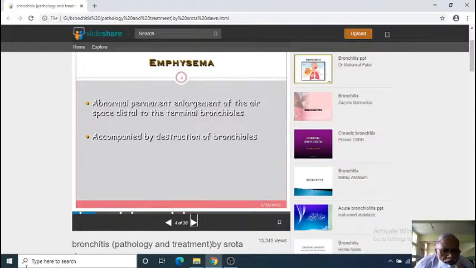Then you have emphysema: abnormal permanent enlargement of the air spaces distal to the terminal bronchioles, accompanied by destruction of bronchioles.